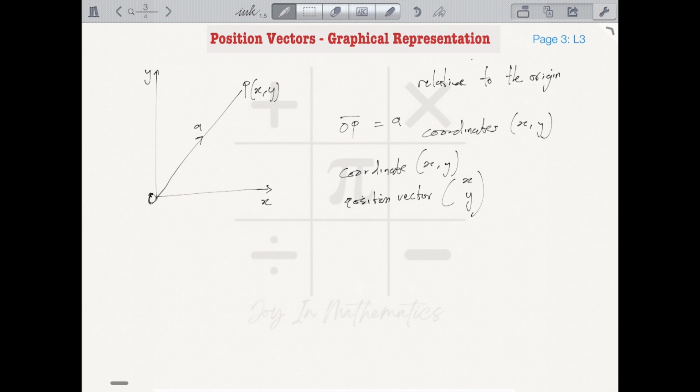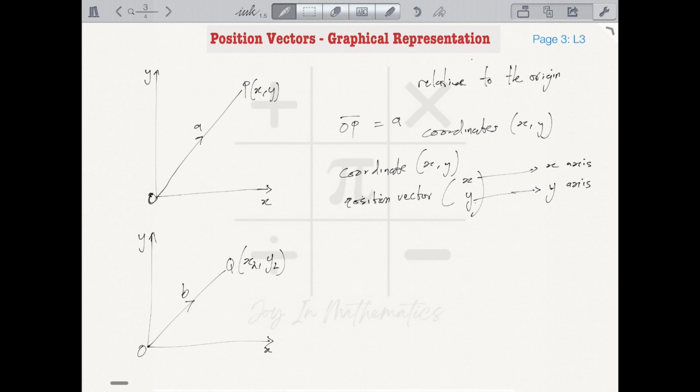So the top value represents the value on the x-axis, and the second value represents the coordinates on the y-axis. So if we have another vector in the same order, let's call this one OQ, with coordinates x2, y2, and let's call this vector B relative to O.